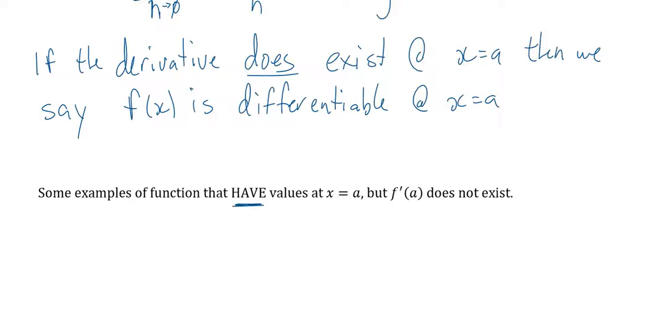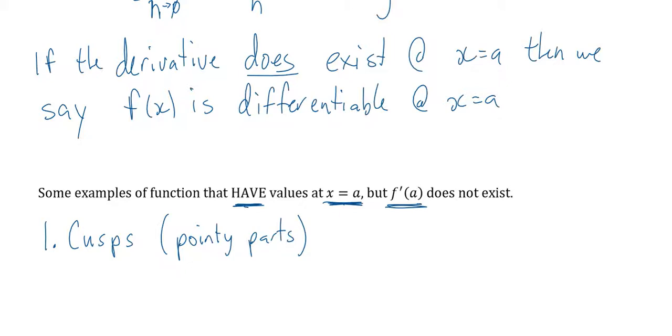So the first one is called a cusp. Or you could think of it as pointy parts. That's not an official term. They're actually called cusps, or a point. So what graph did we already see that has a point?